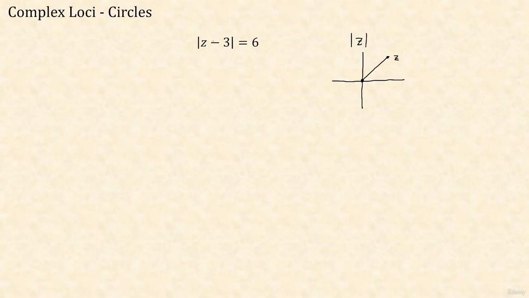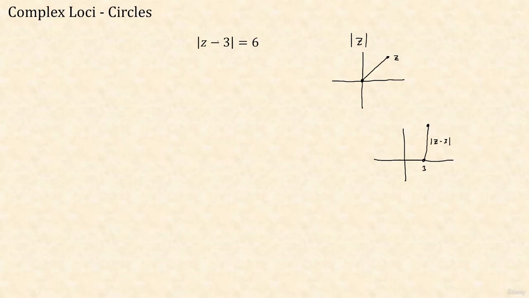The modulus of z minus 3 is its distance to the point 3. So if you've got a point here, z, and here's the number 3, mod z minus 3 is that distance. So mod z minus 3 is the distance to the point 3.